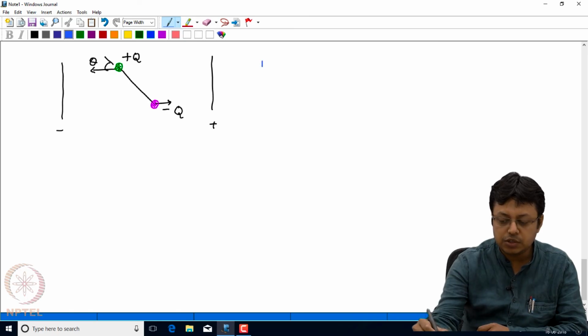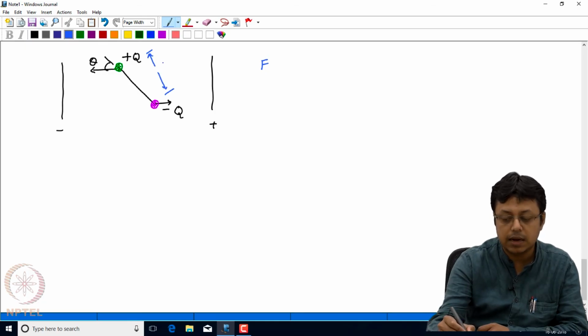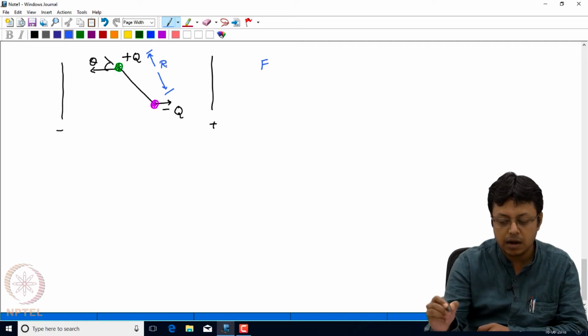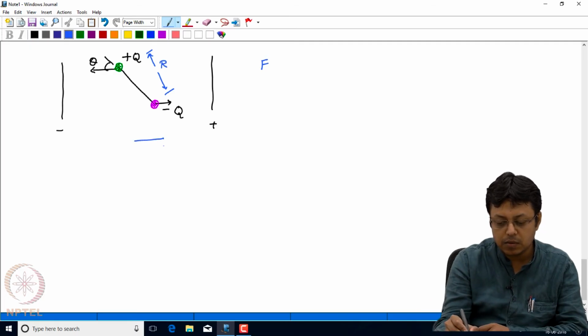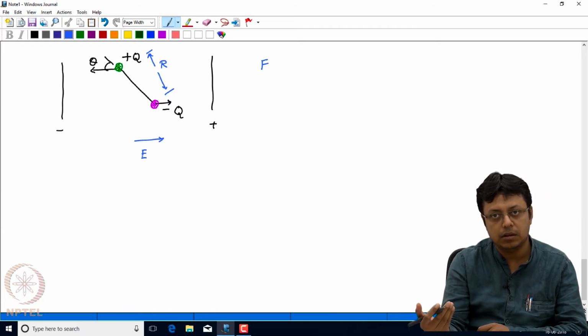Now, what is the magnitude of this force? Again as before, let us think that the distance between the charges that create this dipole is r, and the electric field is applied something like this, and the question we are asking is what is the force that is acting on the charges first.